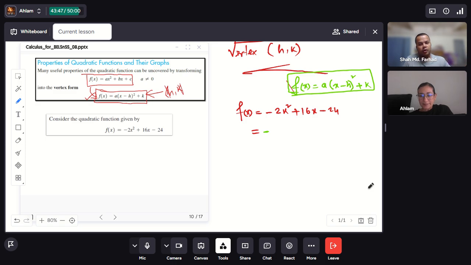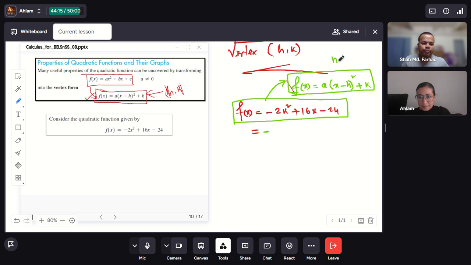Okay. Now we are talking about the vertex point. If you are given a function just like this and you are asked to find the vertex point, how can you easily find it from this quadratic function? You have to convert it into this form. Then we can say h, k is the vertex point.